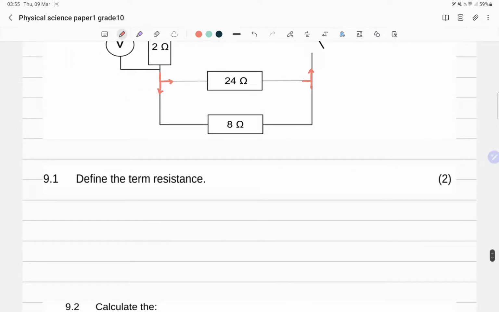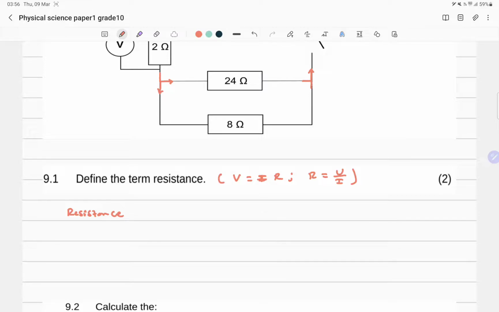Now we're told to define the term resistance. What is resistance? If you remember Ohm's law, it says voltage is current multiplied by R. If you make R the subject of the formula, it is going to be V over I. So how do you define the resistance?